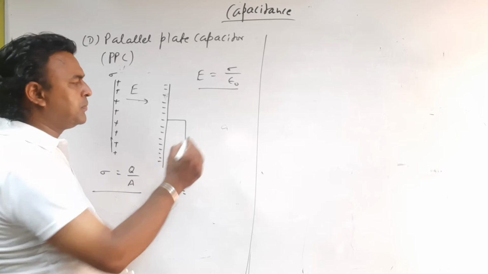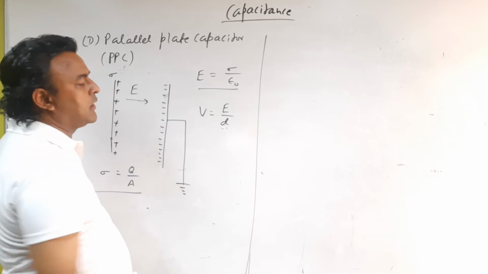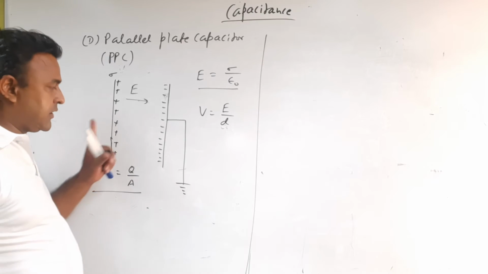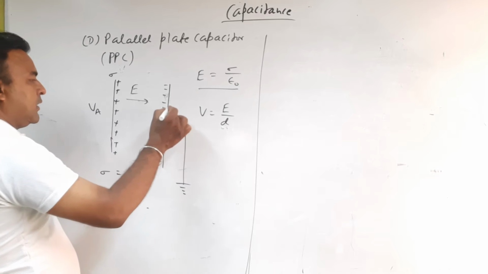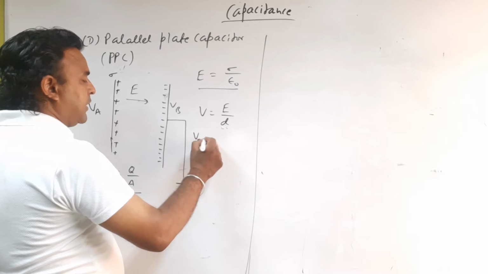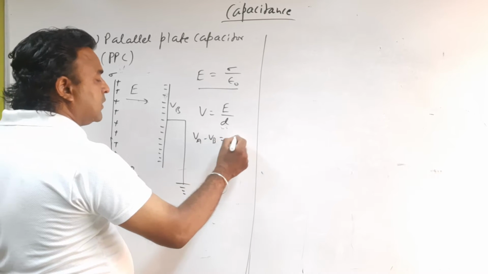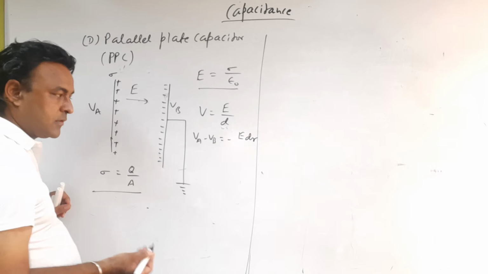And here we simply used V is equal to E into d. The potential difference between these two plates, I say VA and VB, that is VA minus VB equals minus integral of E dr. We can do in this way also.